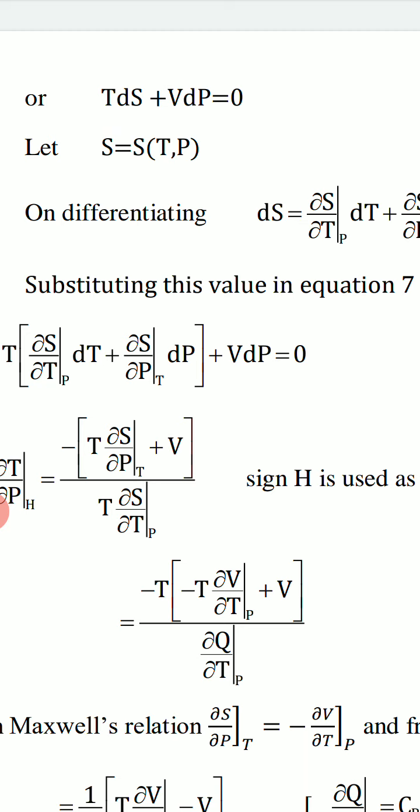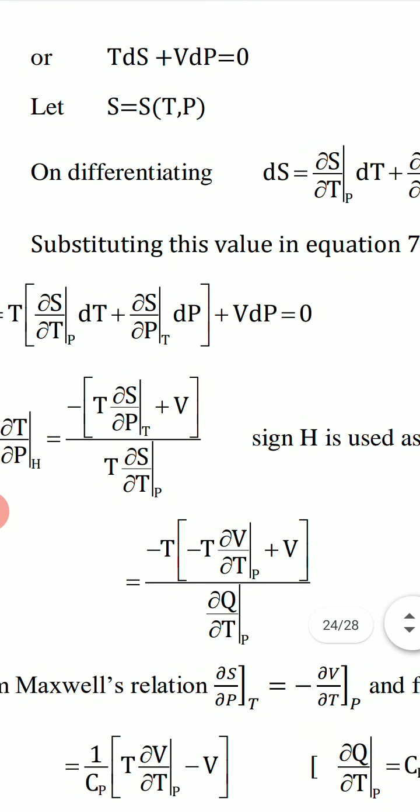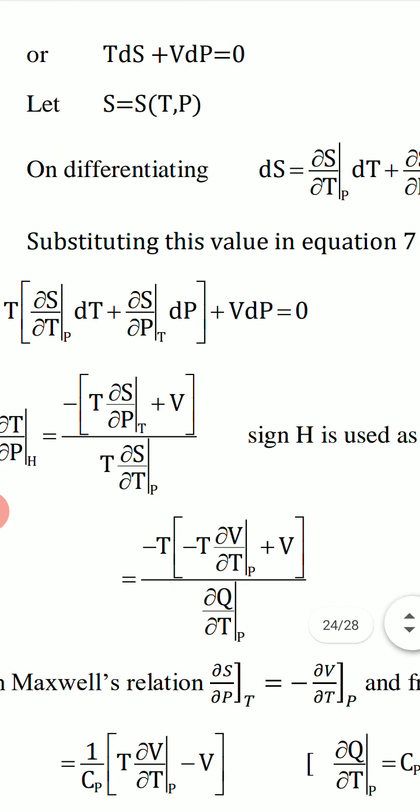So we start from T, and inside the bracket it is the value of dS, and then we have plus VdP equal to 0. First term, solve the first term.